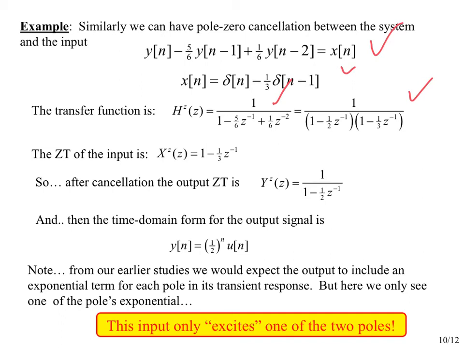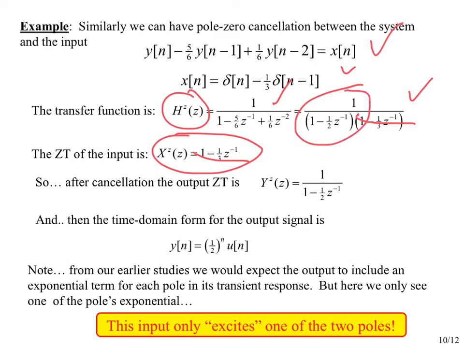We can take the z transform of our input, and we'll leave everything in the z inverse form here, because we can see what happens when we take x of z times h of z. We're going to have z minus 1/3 z inverse cancel with this, so that will cancel with that, and we're left with just these two terms in the product, and that's what we have here.